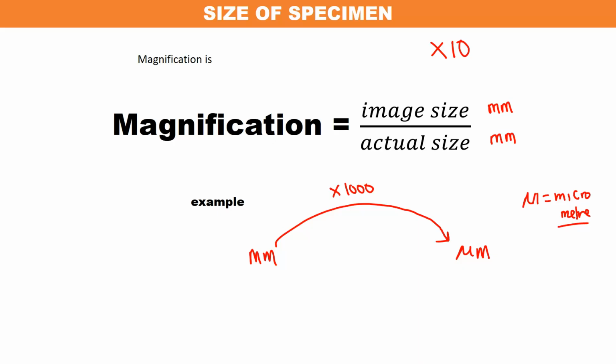In other words, you multiply the unit in millimeters by 1,000. Then if you are going back, you divide by 1,000. So if you are given micrometers and you want to find millimeters, you divide by 1,000. Okay. So let us look at examples.